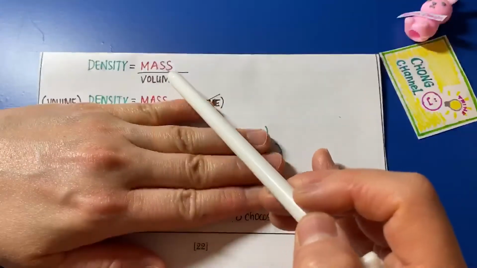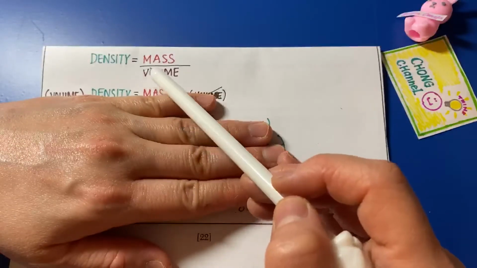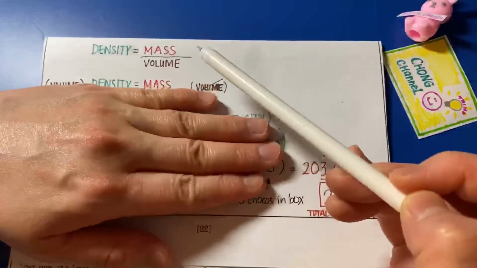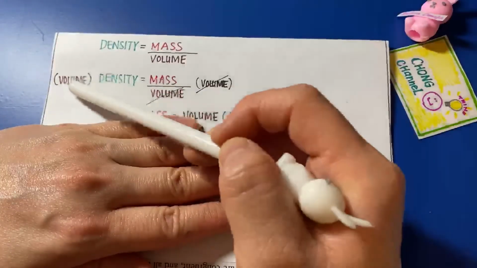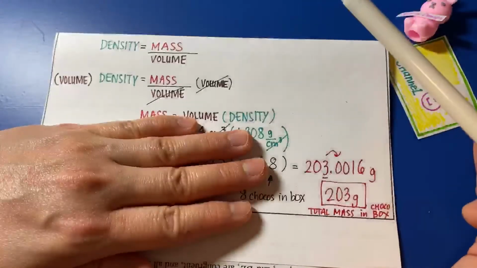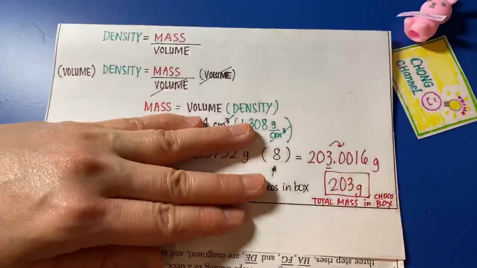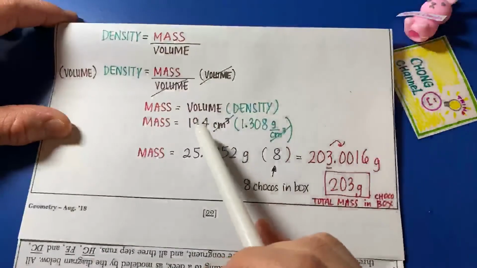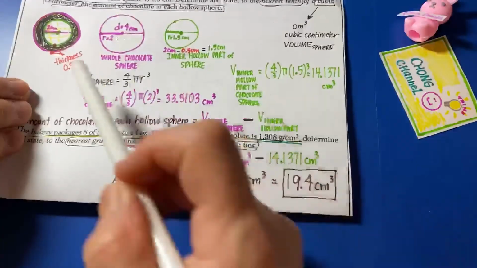So if we did some algebra here, I want the mass. If this is divide, the opposite is multiply. So we're going to multiply both sides by volume, which means I cancel this and I got mass equals volume times density.